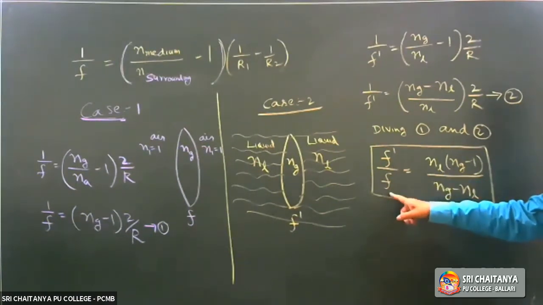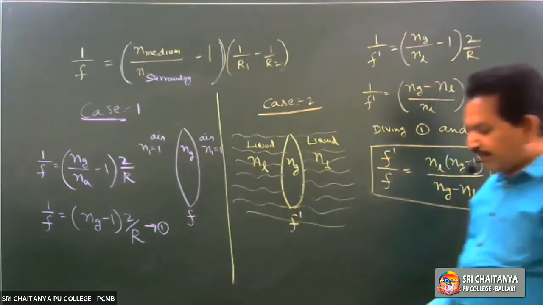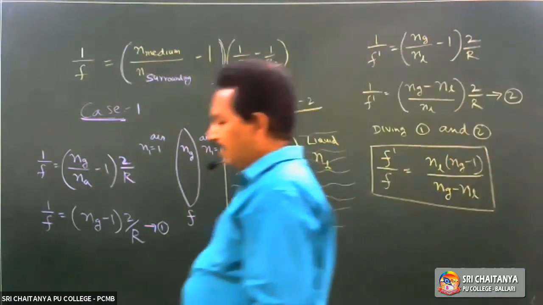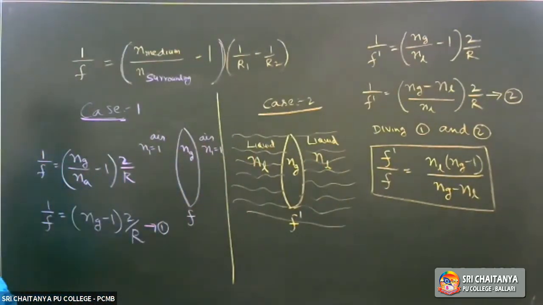F is the focal length when it is immersed in the air column. So Nl into Ng minus 1 divided by Ng minus Nl is the shortcut formula for the focal length of the lens when it is immersed in the liquid.